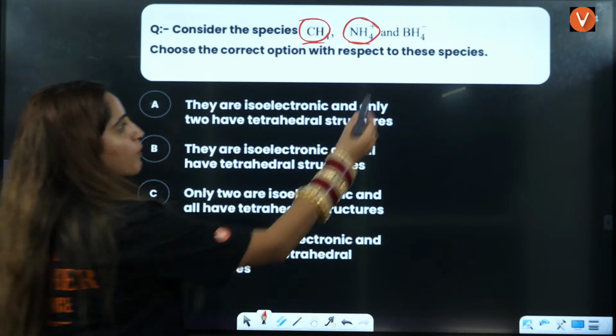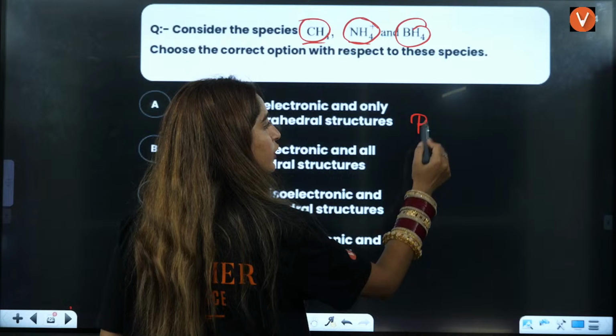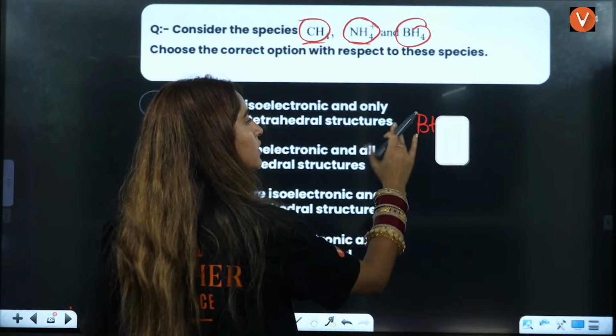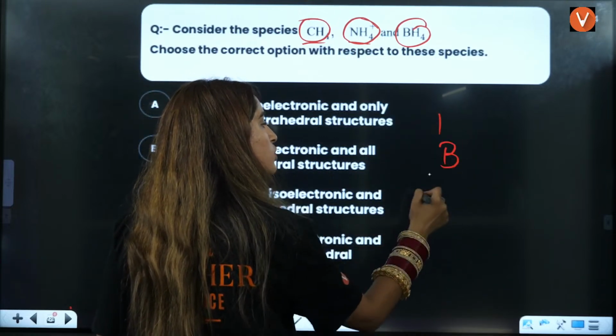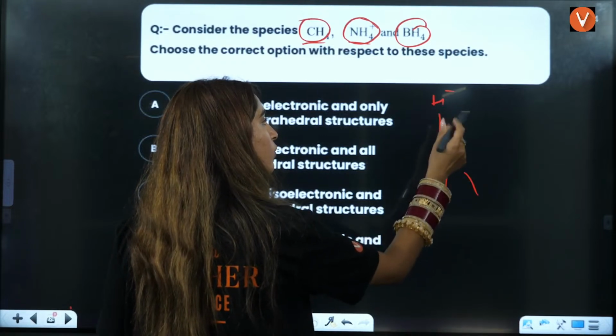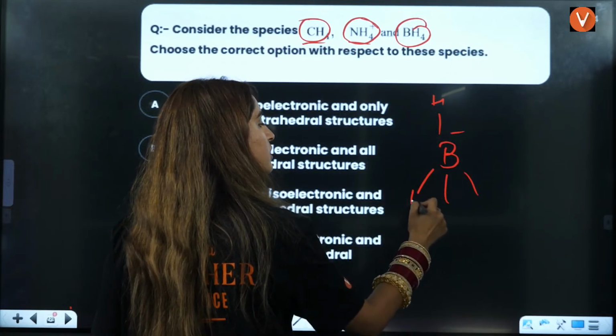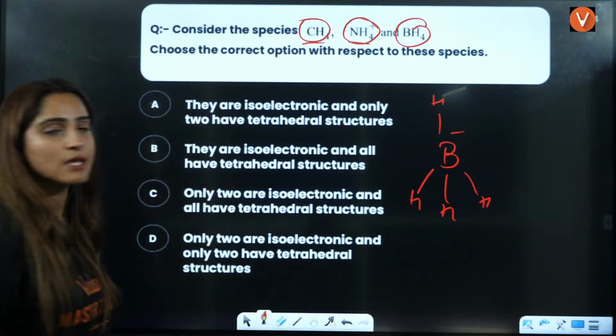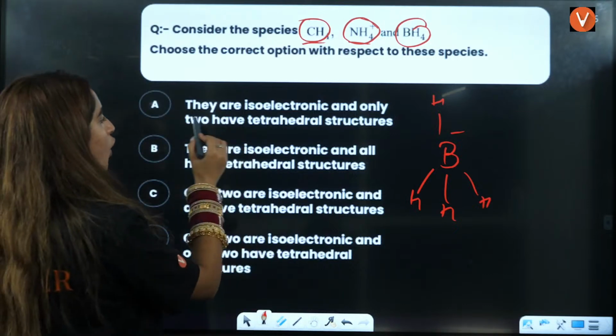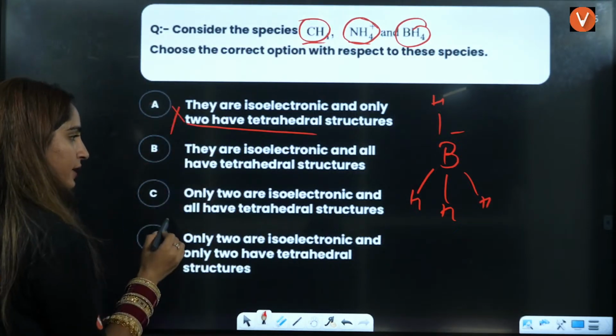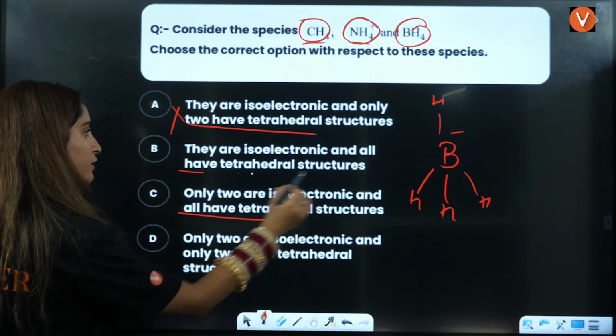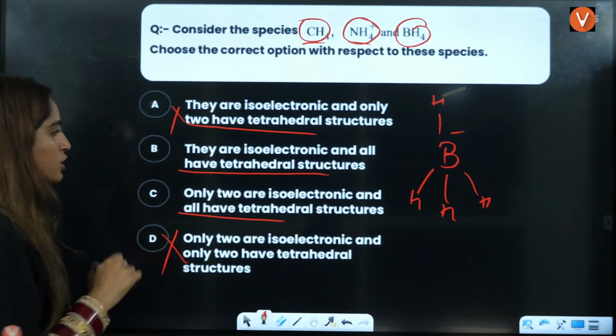So when you talk about BH4, BH3 we know is trigonal planar. So BH4 is also going to be tetrahedral only, right? So all are tetrahedral, this option is eliminated. All have tetrahedral, this is also eliminated.